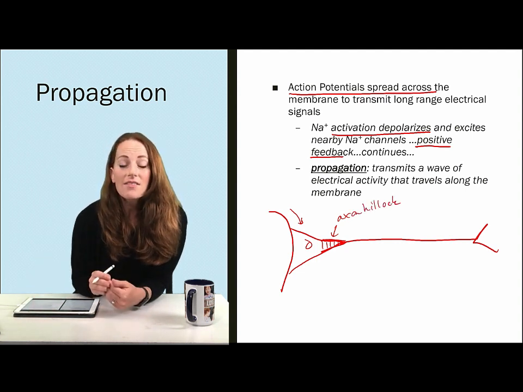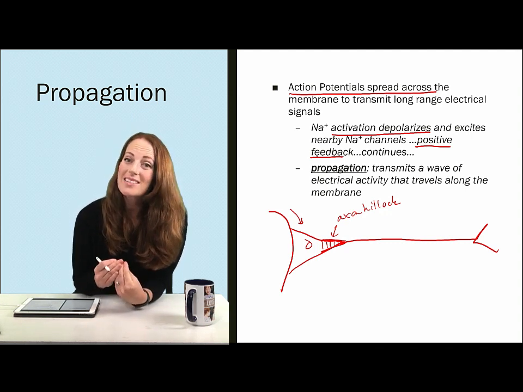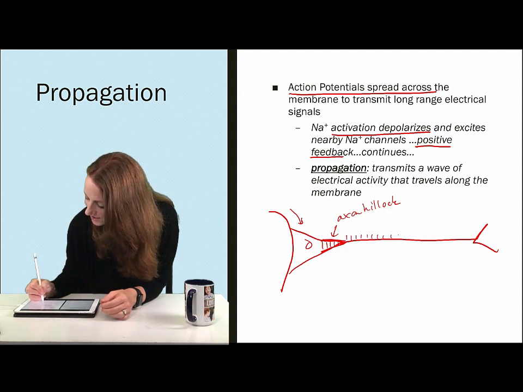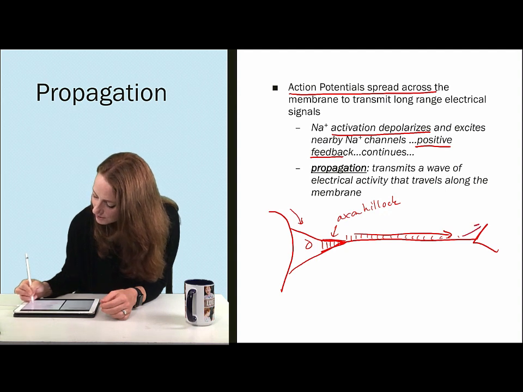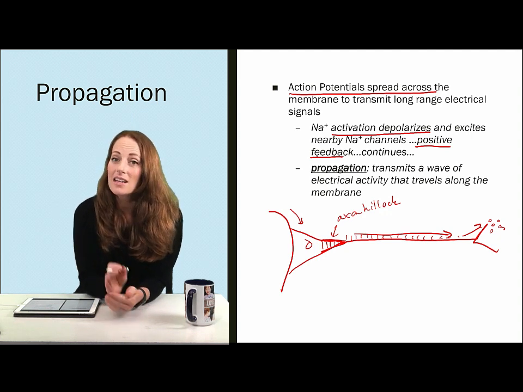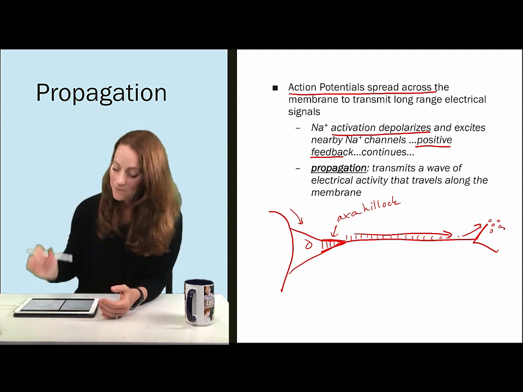If you get enough stimulus there to trigger the voltage-gated sodium channels in that area, then you'll continue to trigger voltage-gated sodium channels all down the axon until you reach the end of the axon where a neurotransmitter will be released, causing a communication signal to the next cell.